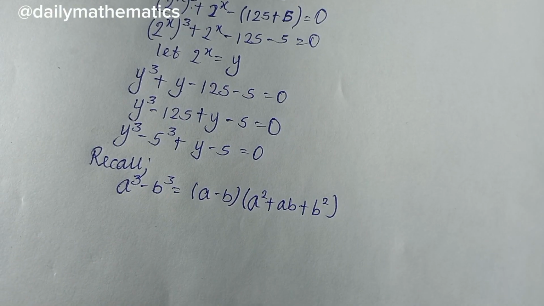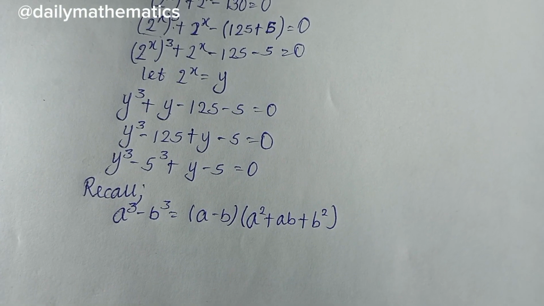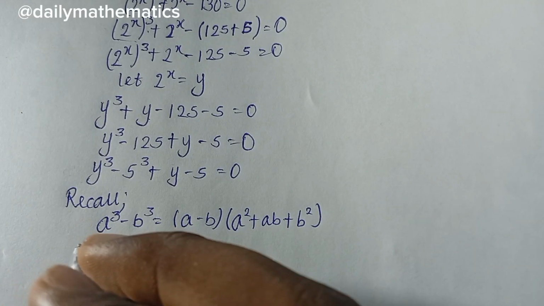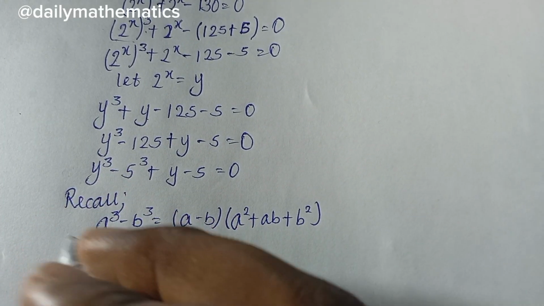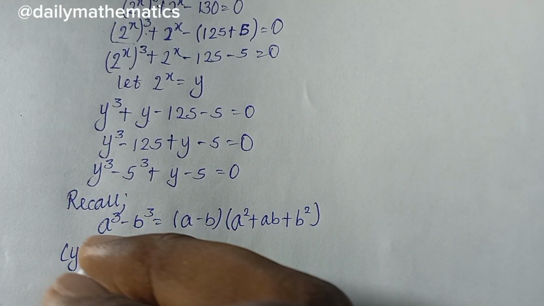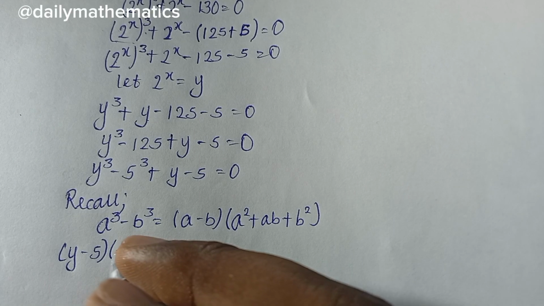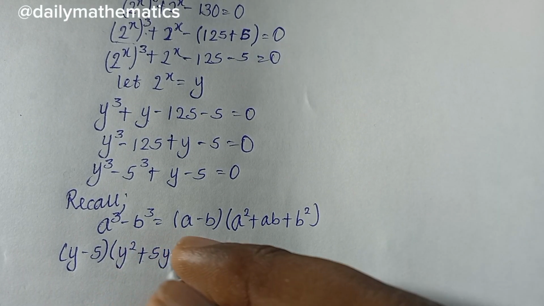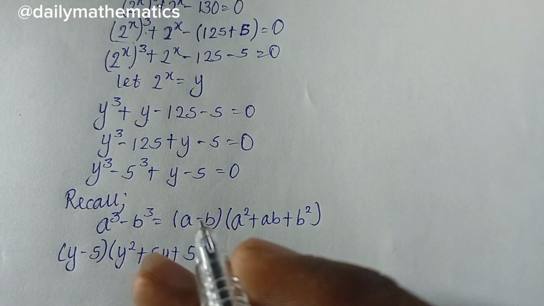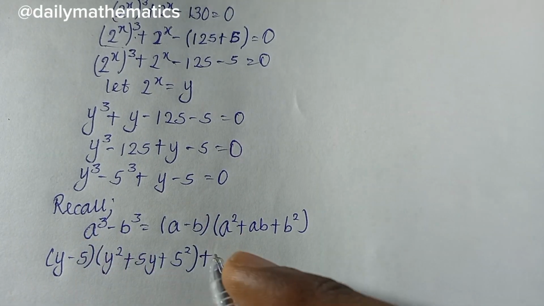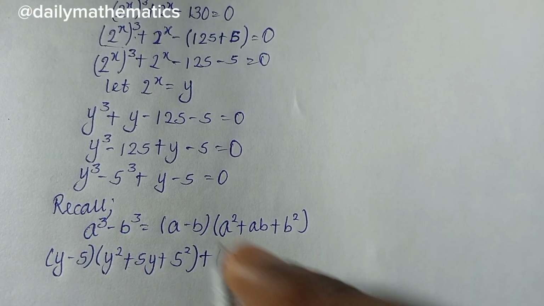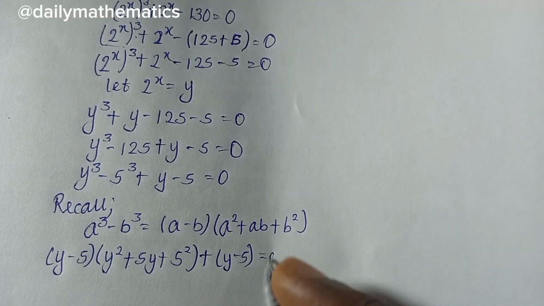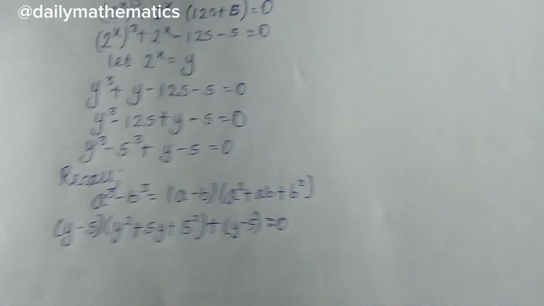That's what we're going to use today again. We're going to use that rule. So from here we have y cube minus 5 cube will become y minus 5, bracket y squared plus 5y plus 5 squared, then plus y minus 5, this one here, then equals 0.